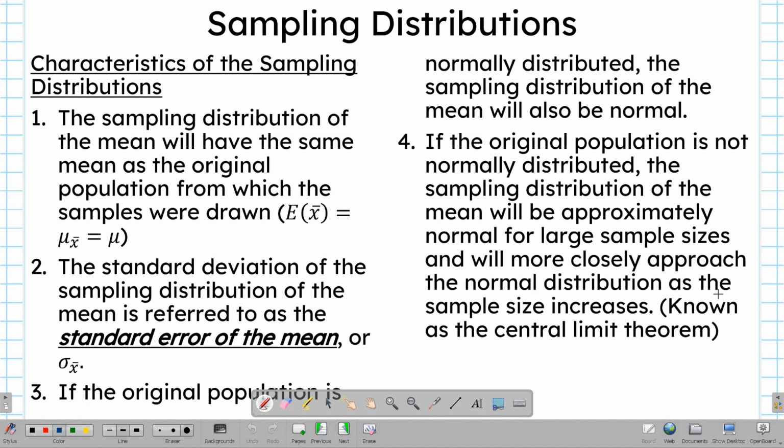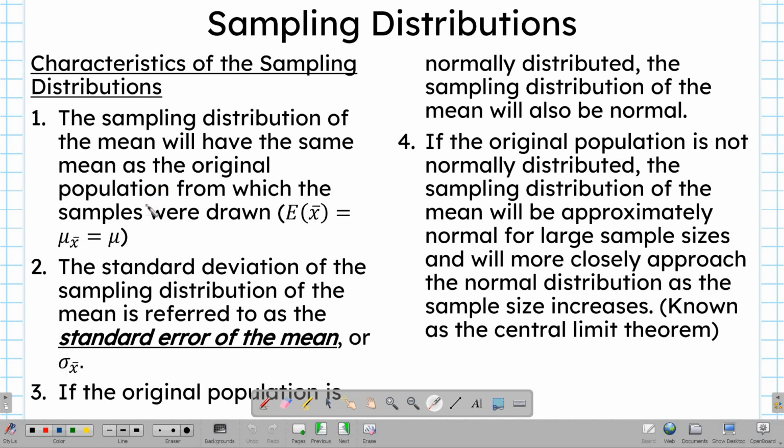The sampling distribution is an important concept in inferential statistics because it tells us how a sample can represent the population. If our sample follows the sampling distribution, then the expected value we get is the actual population mean. So the sampling distribution of the mean will have the same mean as the original population.